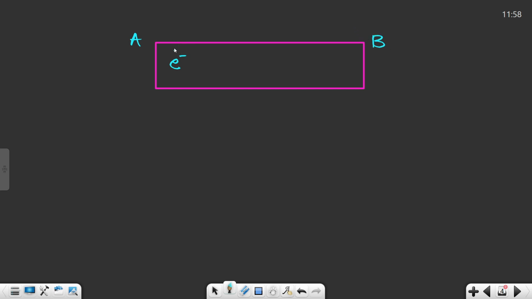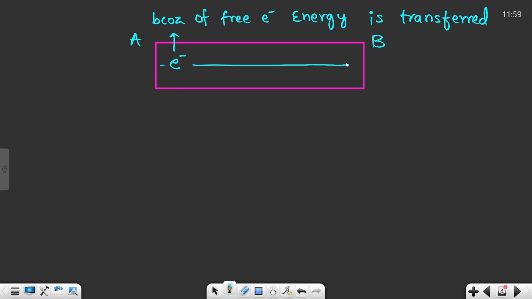Because of free electron, energy, that is heat or electricity, whatever it can be, is transferred from point A to point B. So electrons will move in this particular direction, or basically the energy which we provided is supposed to move from point A to point B. We are able to sense it at point B. This is what we can see as of now.